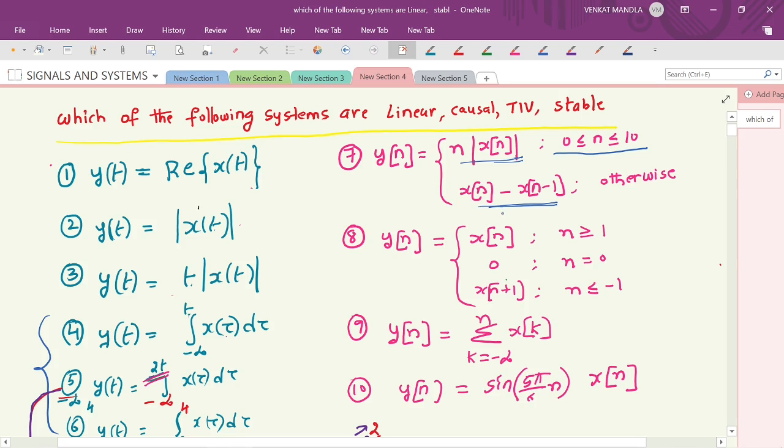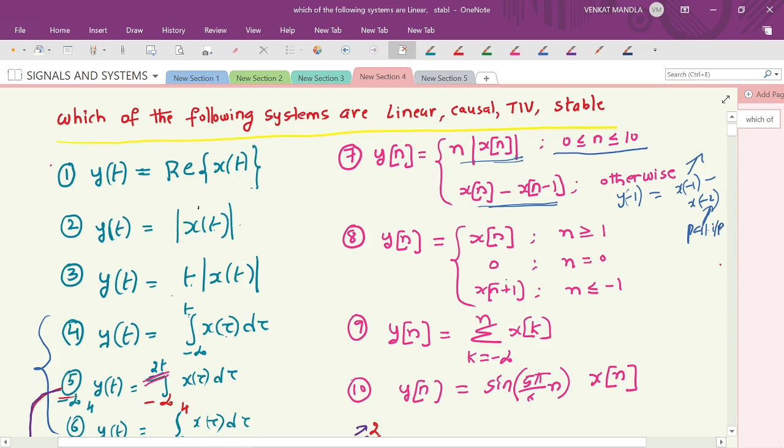In the remaining cases also, x[n] minus x[n minus 1]. Suppose y of minus 1 equal to x of minus 1 minus x of minus 2. So this is the present input for this present output, and this is the past input.